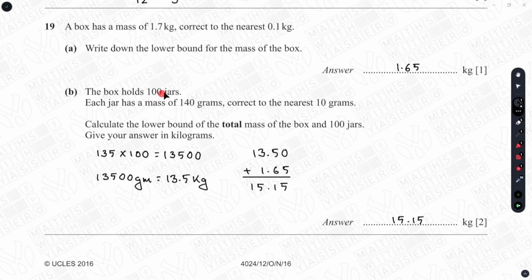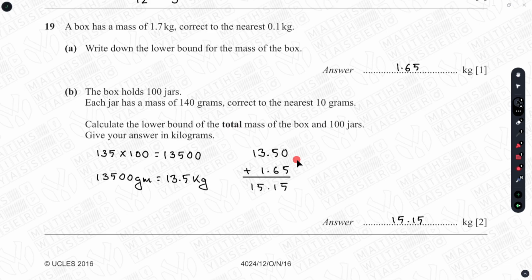And since there are 100 jars, it will be 135 times 100, which is 13,500. Now this is in grams. If I want to convert it into kilo, I simply have to divide it by 1000. So 13,500 over 1000 will give me 13.5 kilogram.